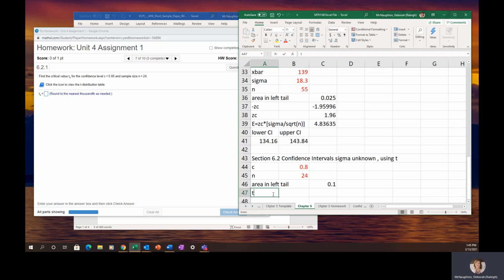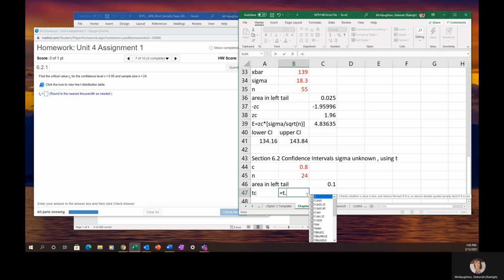And then for our t_c, if I want to use Excel, I'm going to go equals T.INV, and then I put in my probability.